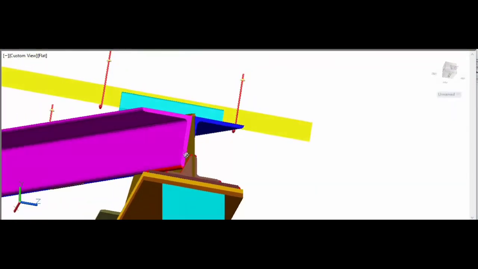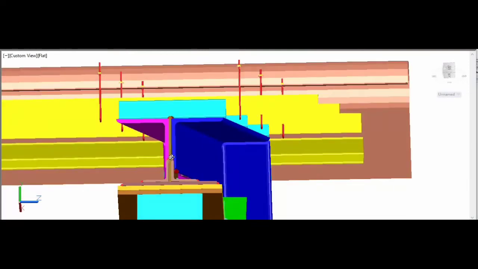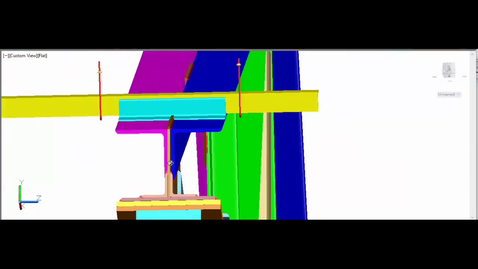So you can find this on either side. As I said earlier, these members can be of equal sections or unequal sections. Now these two legs are called connecting legs. These two angles which are projected out are called outstanding legs.